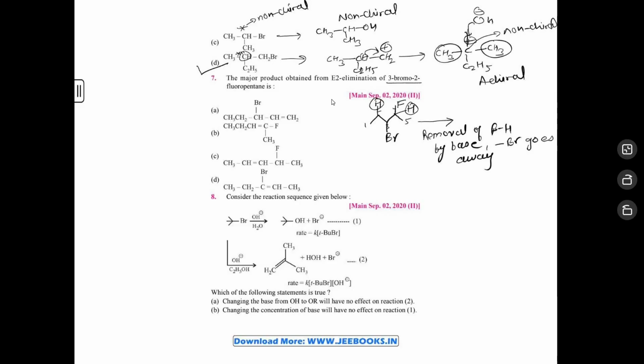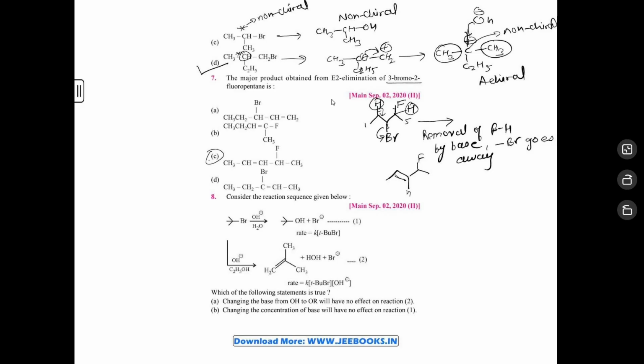If you remove this beta hydrogen, then a double bond will form. You are removing this, and then you have this. So it is matching to which option? It is matching to option C.